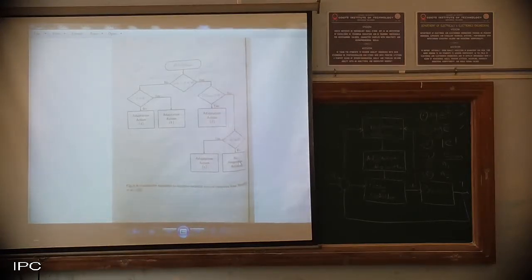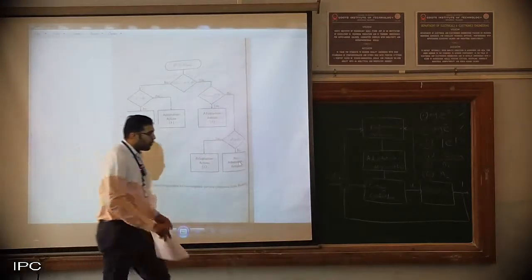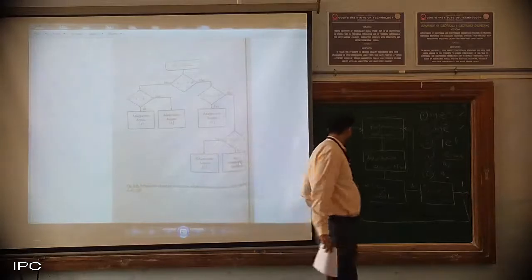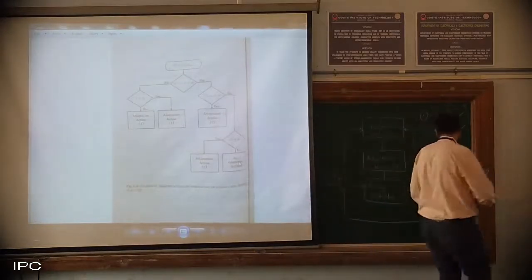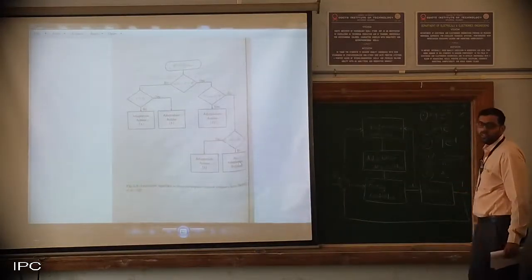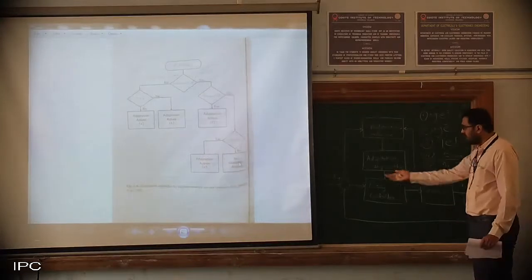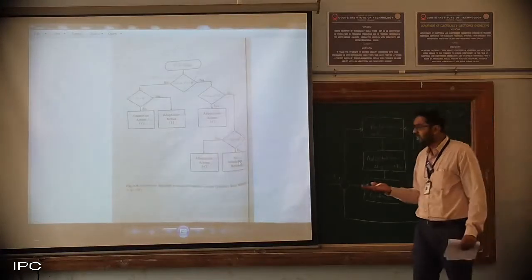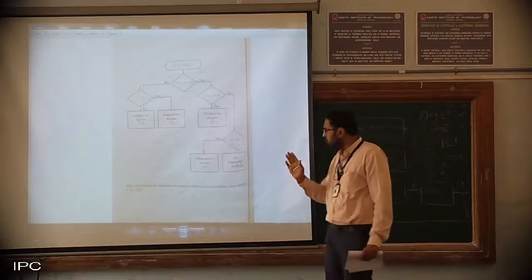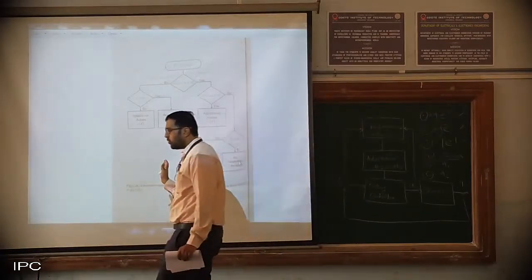What does this mean? Suppose that our requirement was 1500, that is the reference value is 1500, and your actual system is working at 1500 RPM only. So in that case the error is 0. We need not go ahead with any kind of changes, so we need not do any kind of adaptive action.